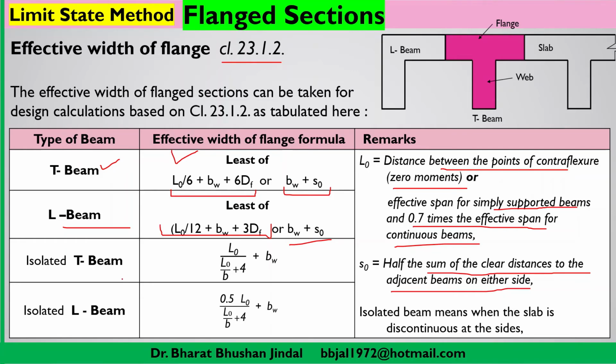And if there is an isolated T-beam, here I mentioned that isolated beam means when the slab is discontinuous at the sides, then you have to refer to this formula, and if it is an isolated L-beam, then we have to refer to this formula. So based on the different type of conditions, as per codal provision clause number 23.1.2, we can easily work out what should be the effective width of the flange.